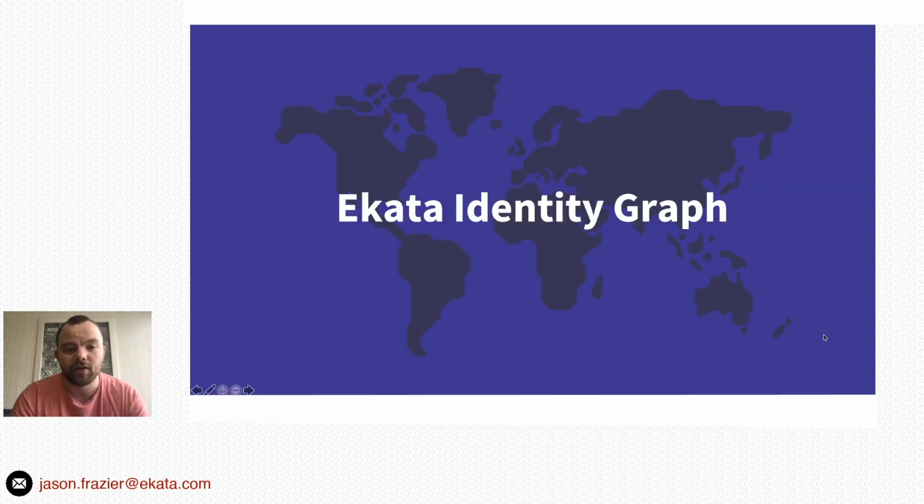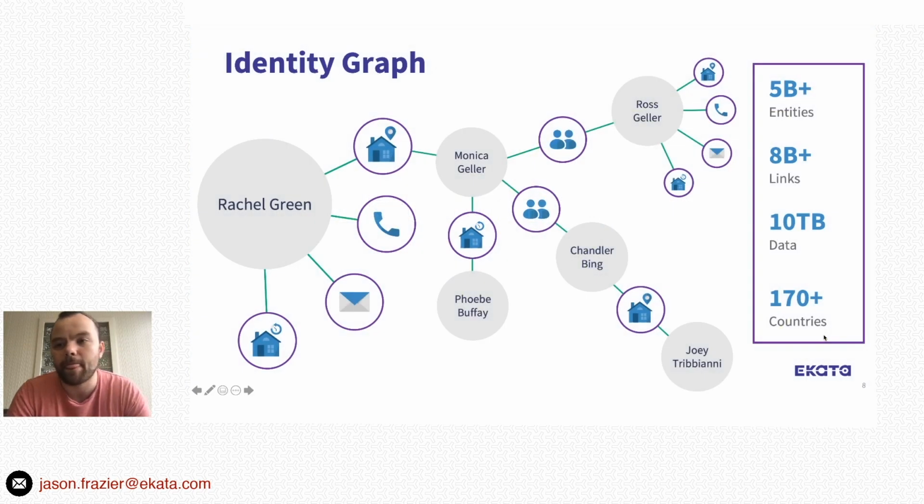So let's dive into it. I'll talk about our identity graph in general. I'm sure a lot of people watching this are familiar with the show Friends. This is a representation of what our identity graph looks like with the show Friends in mind. Here we have a whole bunch of different entities. In our actual identity graph, we have over 5 billion entities with over 8 billion links between all of them.